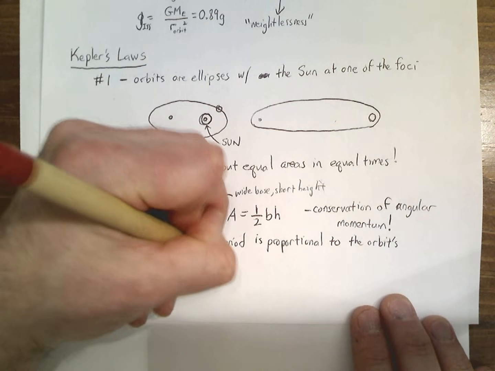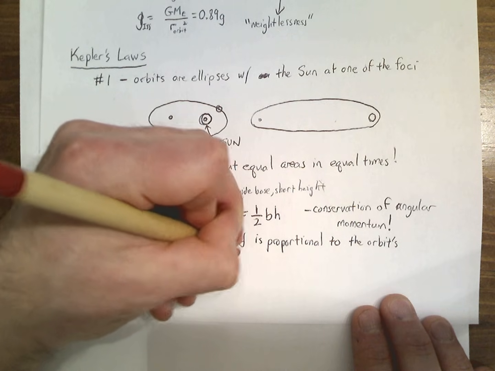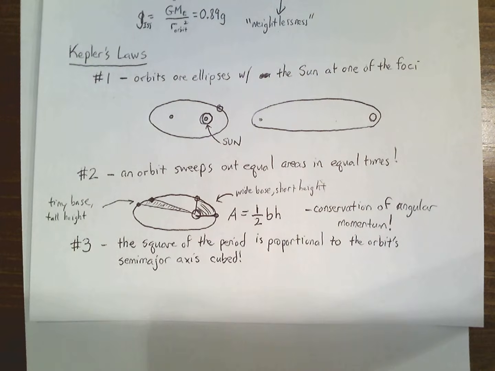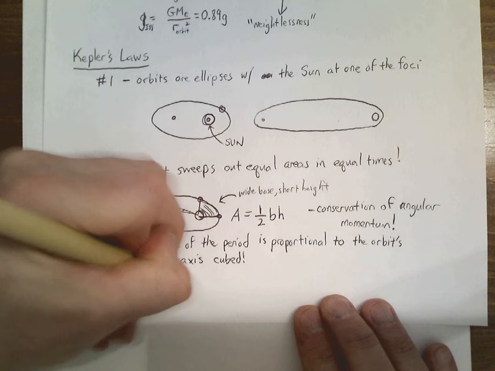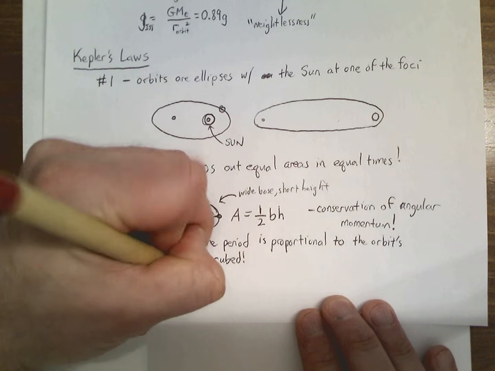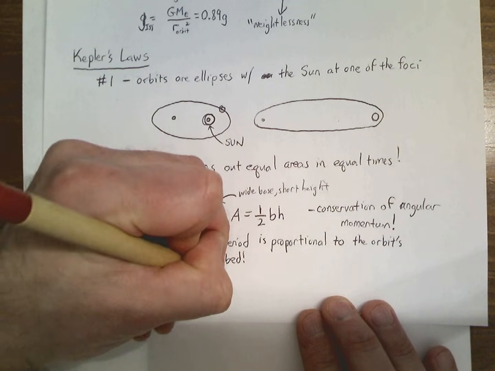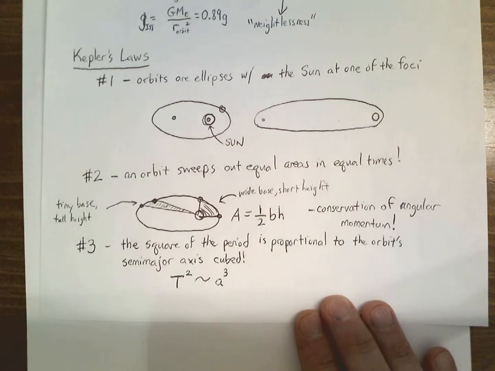And the semi-major axis is cubed in this relationship. In other words, we can write T, that's the period, squared, is proportional to A, the semi-major axis, cubed.